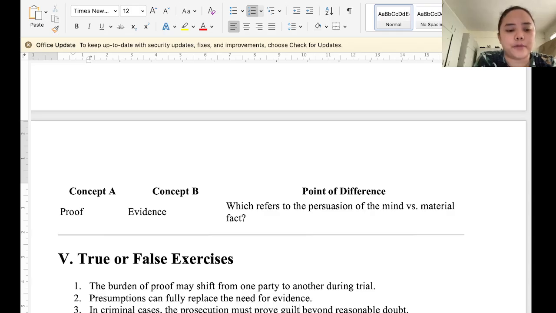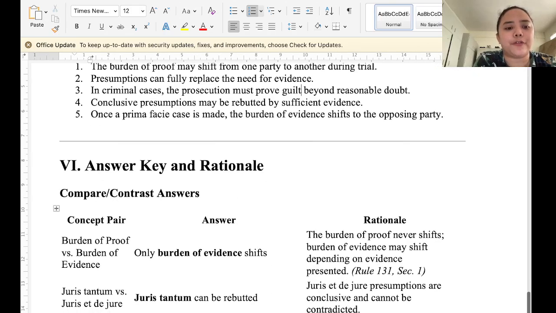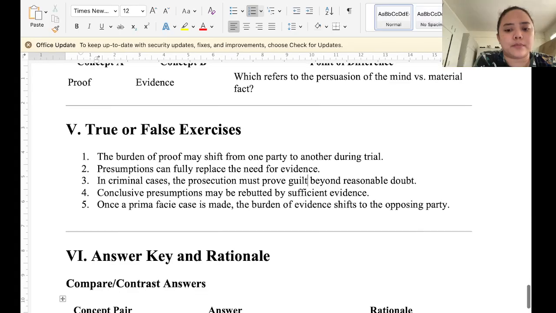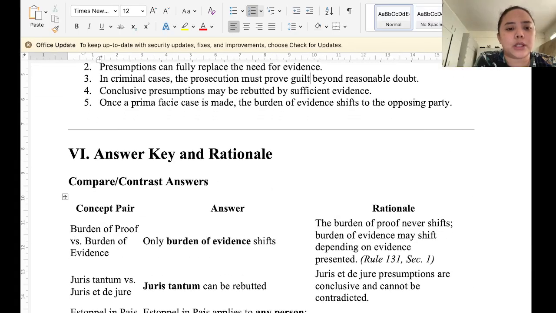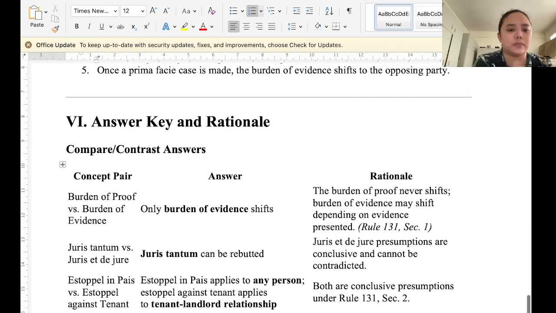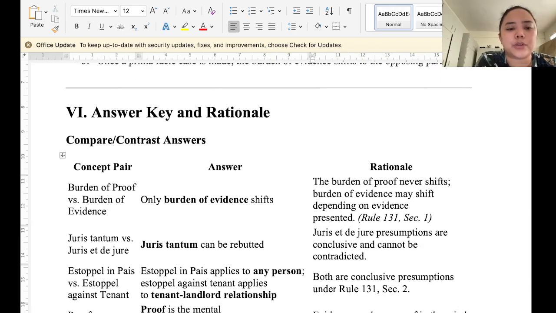So, first question. The burden of proof may shift from one party to another during trial. This is the answer to the compare and contrast exercises.